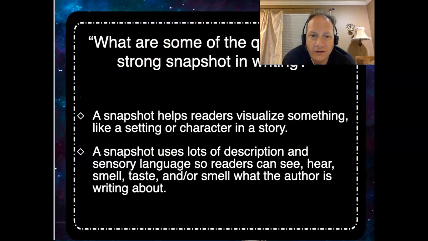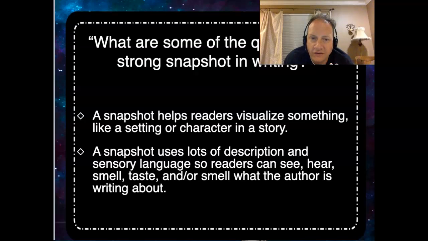What are some of the qualities of a strong snapshot in writing? A snapshot helps readers visualize something like a setting or a character in a story. A snapshot uses lots of descriptions and sensory language so readers can see, hear, smell, or taste what the author is writing about.